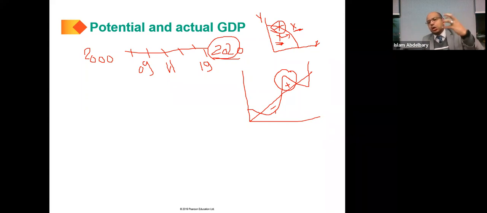So we should slow down that growth. So what are we doing in macroeconomics? Macroeconomic policies. If you remember, we have three types of economic policies: fiscal policy, monetary policy, and trade policy.